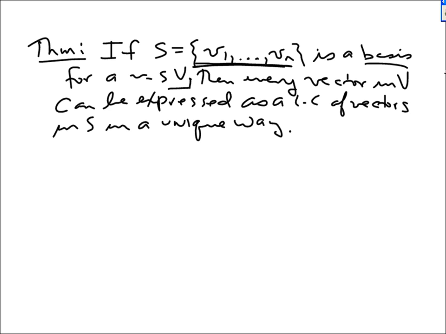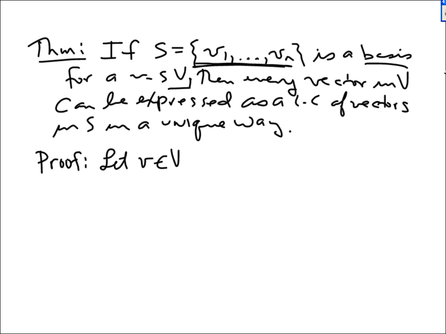We're saying if S is the basis, then that linear combination is unique. You can't write an arbitrary vector little v in the vector space V using two different linear combinations of the vectors in S. Let's prove that. Proof.